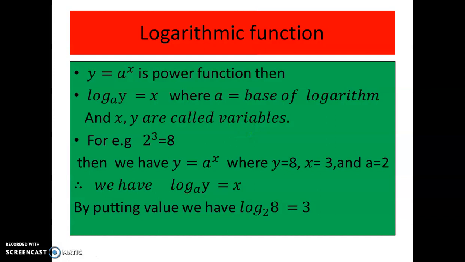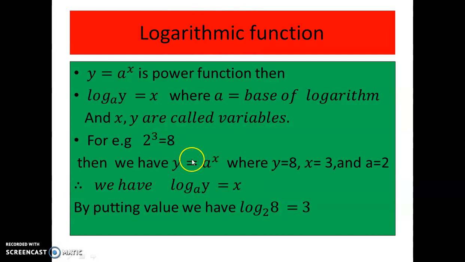Variables mean we take values from a number set. Take the example discussed here: 2 raised to 3 is equal to 8, in the format y is equal to a raised to x. So I put y equal to 8, x equal to 3 and a equal to 2.